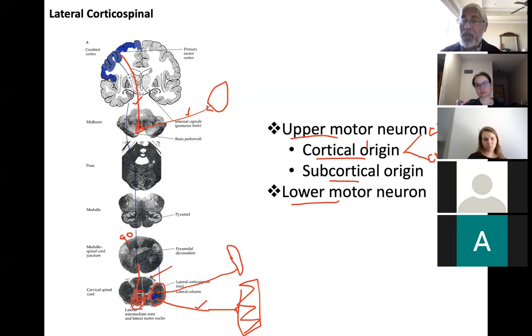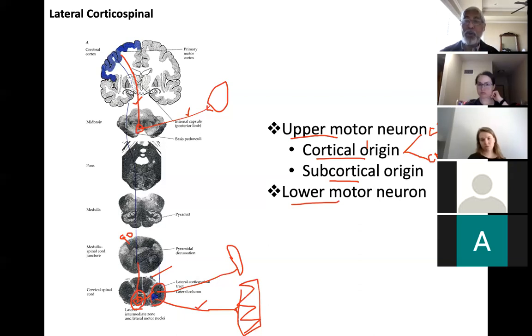So corticonuclear fibers, are they upper motor neuron or lower motor neuron? Let me give you a tip. For a nerve to qualify as a lower motor neuron, it has to end in the muscle. It has to go all the way to the muscle that will be moving.